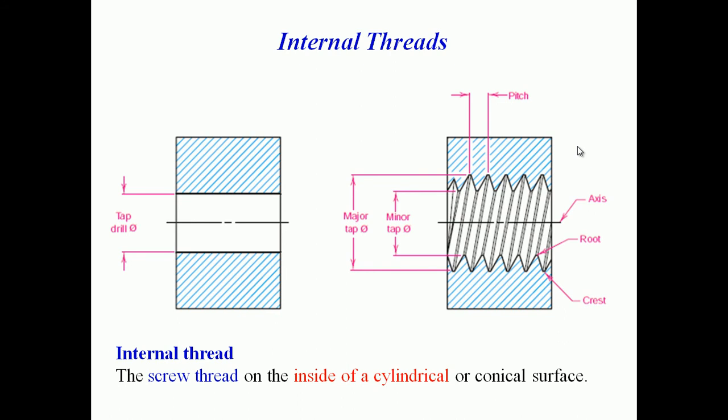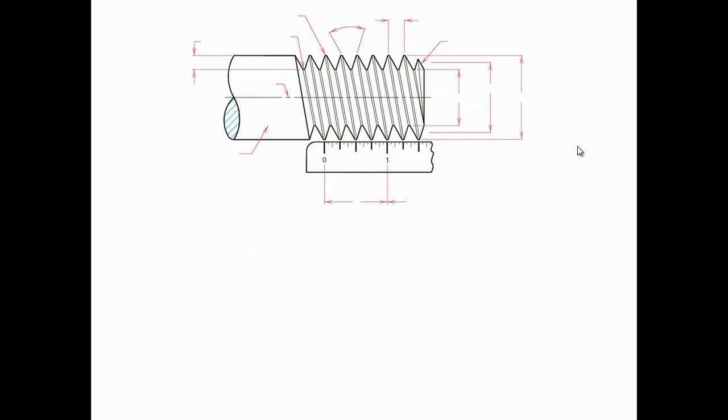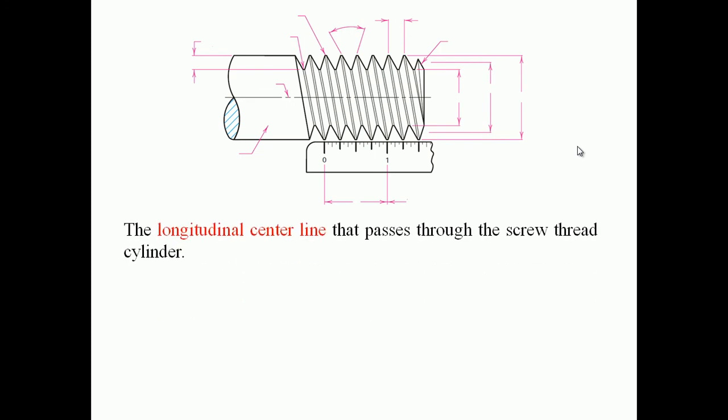For better understanding, as I told you, I'm going to take one thread profile and explain the terms in the screw thread nomenclature. Here I'm taking the external thread. You can see the first term, the longitudinal center line.